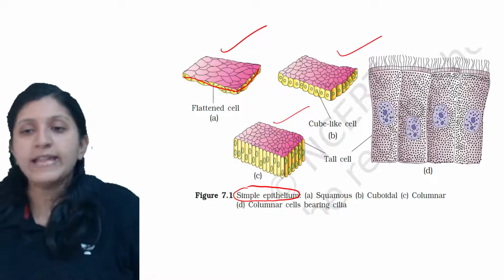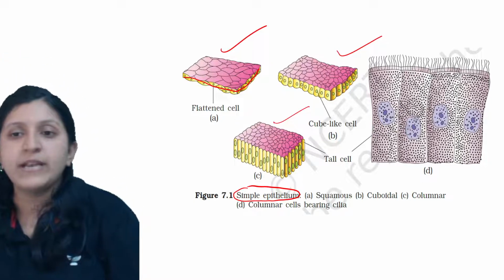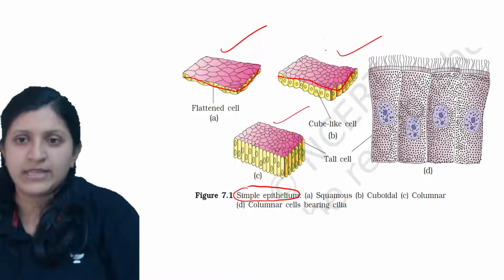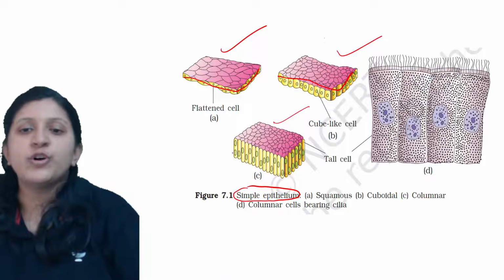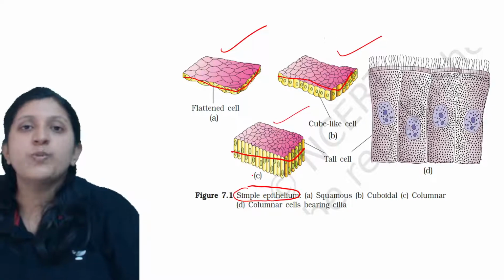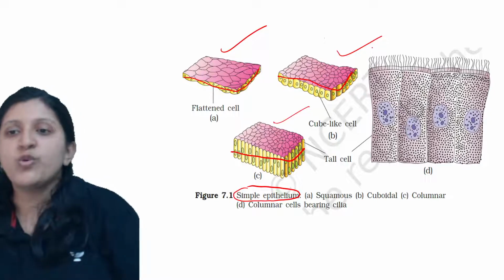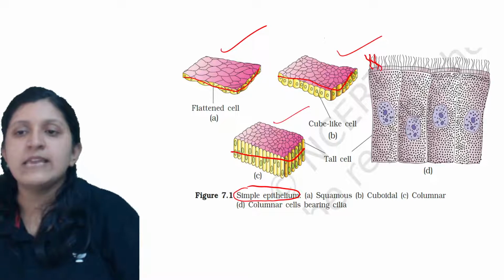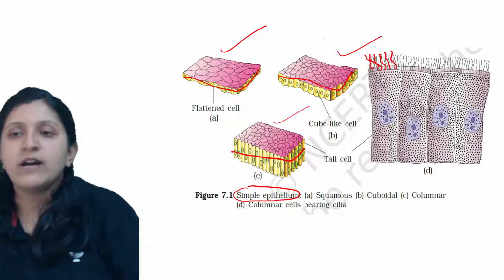Here also you can find a single layer of cells, so this is a cuboidal epithelium, again a simple one. Here also a single layer of cells, so that is again a columnar epithelium. This is also a columnar epithelium, but you can see there are cilia on these cells.